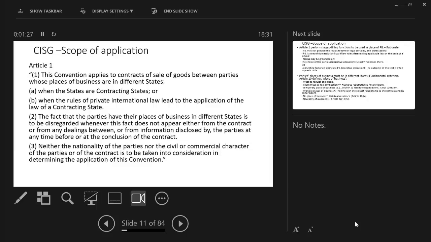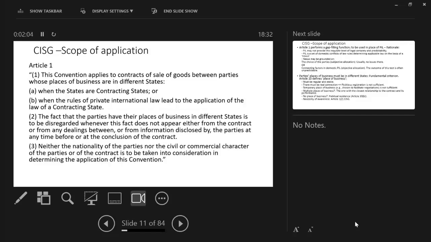Second, when the rules of private international law lead to the application of the law of a contracting state. In other words, if you have, for instance, a contract for sale of goods between China and the UK, and the UK is not a contracting state, but the rules of private international law would lead to the choice of Chinese law, then effectively what you would get is the CISG.